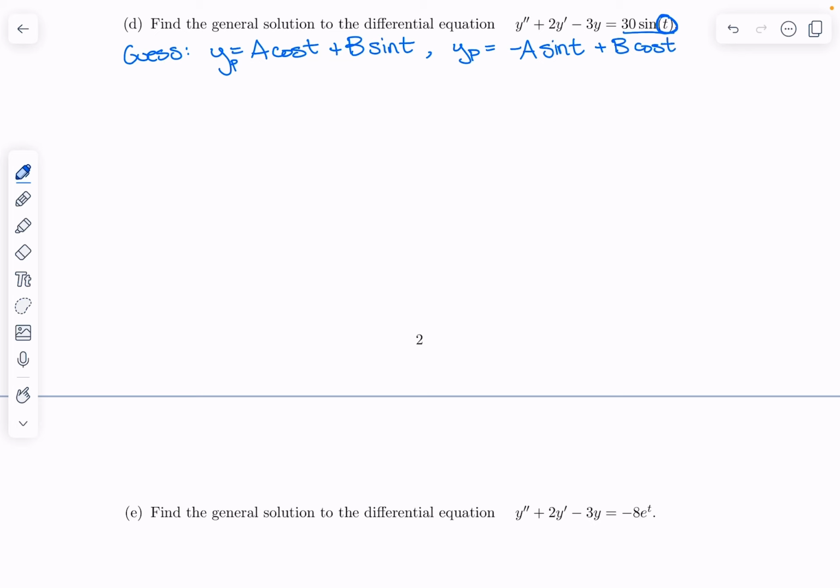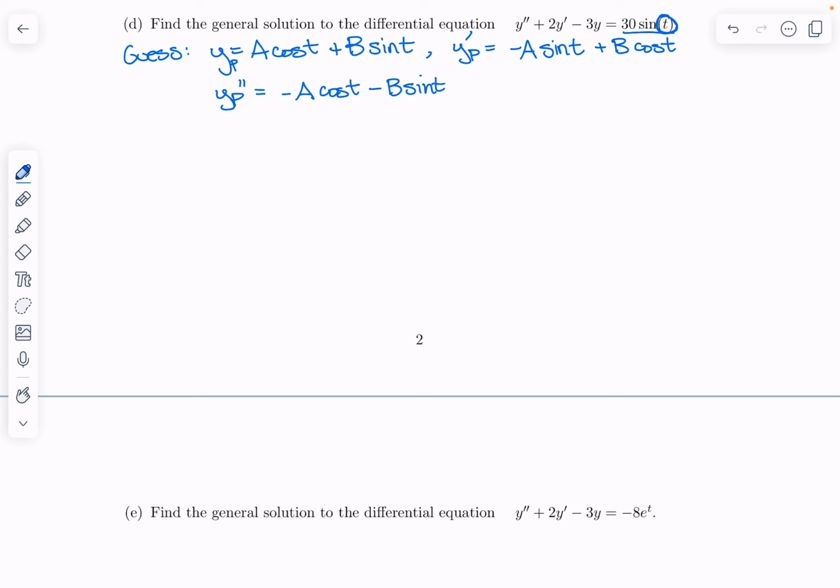And that's my first derivative. And then my second derivative is in fact -a cosine t, taking the derivative of -a sine t, and then the derivative of b cosine t is minus b sine t.